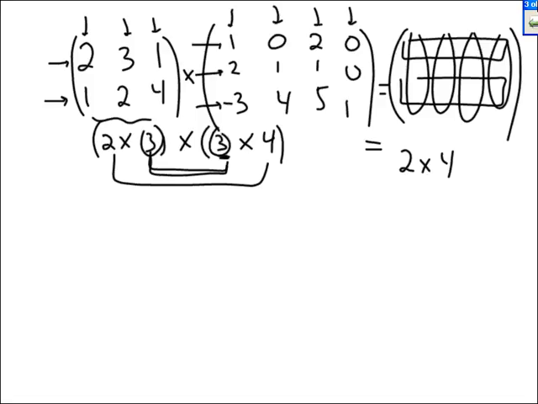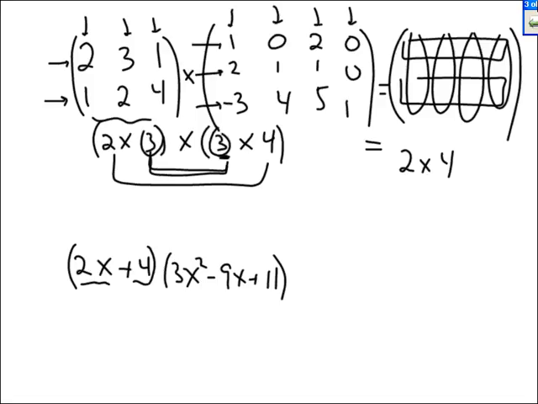Like the distributive law. When you have 2x plus 4 and you want to multiply this by 3x squared minus 9x plus 11, there are 2 terms in here and there are 3 terms here.